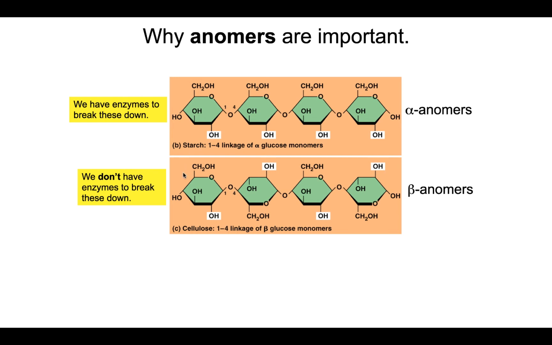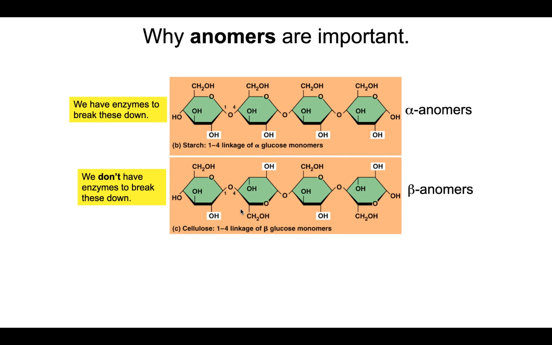However, if all of those glucose molecules that make up this polysaccharide are beta anomers, then instead of having starch, we have cellulose. And cellulose, we don't have the enzymes to break down. So you can eat, for example, all this cellulose, like all the plant material, and the plant cell walls are all made out of cellulose, and we simply cannot break that cellulose down.